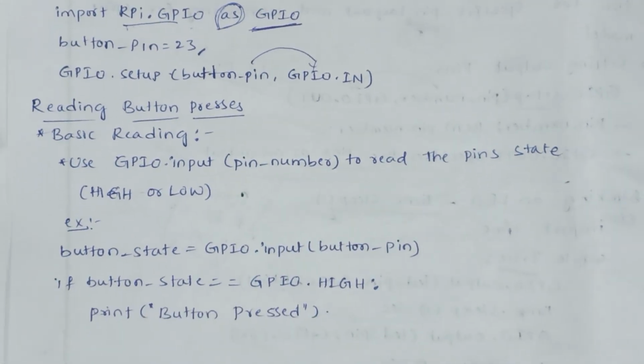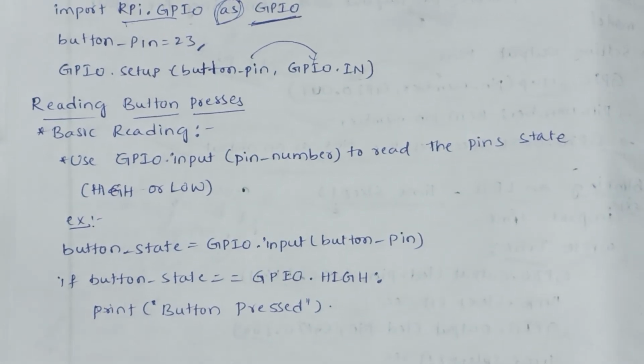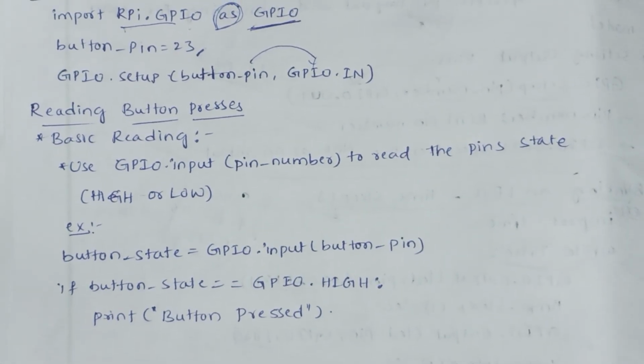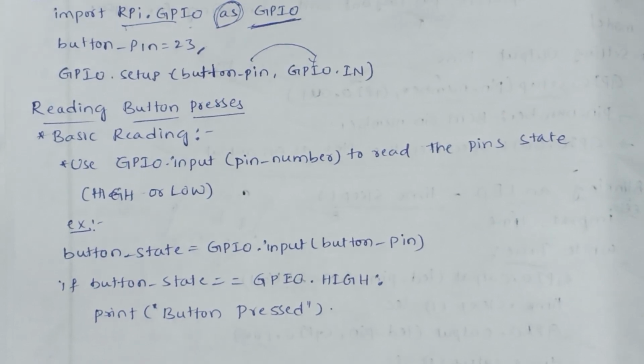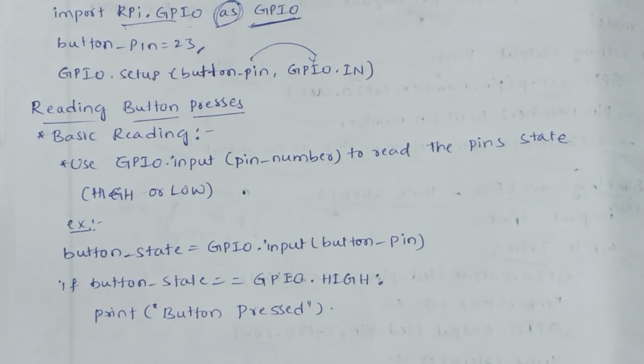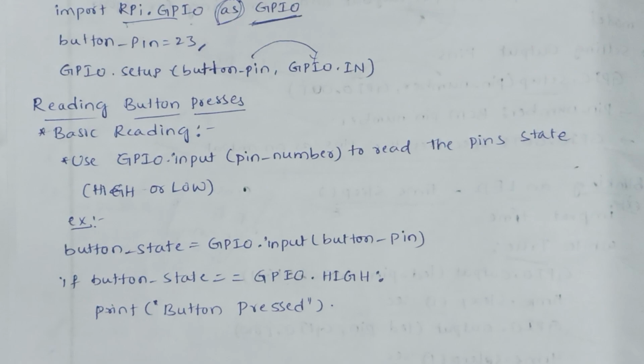Next, reading button press. Whenever we press some button, the Raspberry Pi is going to read that process, and it will read whatever value we are sharing. That is nothing but the basic reading of a button press.